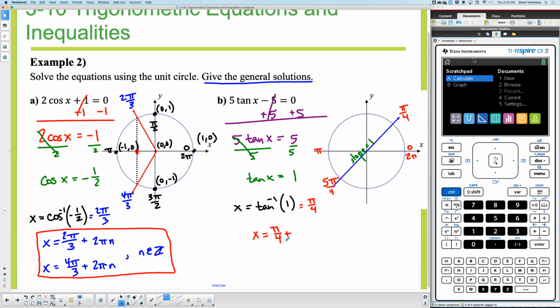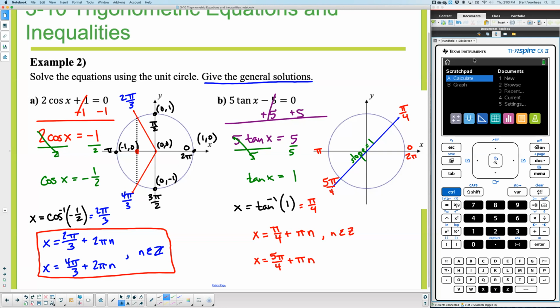It's not 2 pi. Pi. And so you do pi n. The other solution set that we would like to write would be 5 pi over 4 plus pi n. But you don't actually need to write the second one.